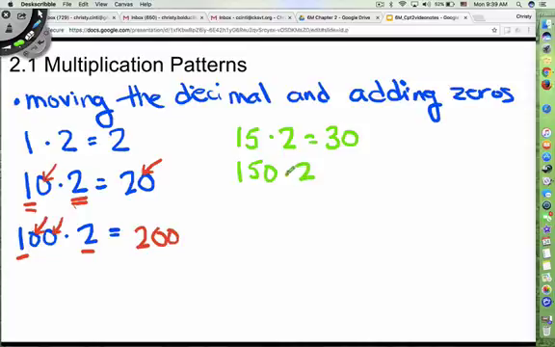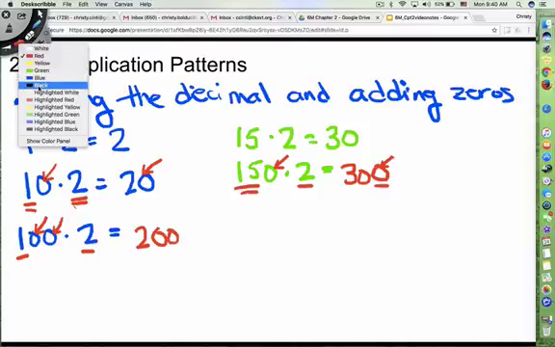The way I want you to think about it, the way that we're thinking about it in this section, is we are saying, what is 15 times 2? We already know that's 30, but then look, there's that 0 there, so we're going to add the 0 to the end. Okay, so this is the new 0 that we're adding to the end. This allows us to get really creative with how we are looking at these problems.